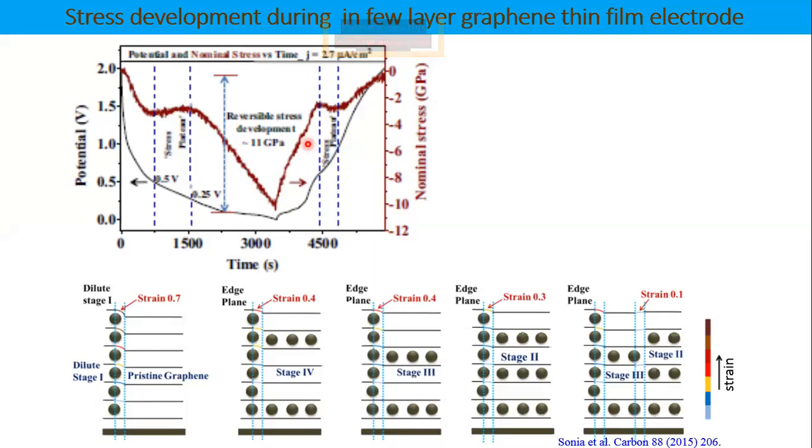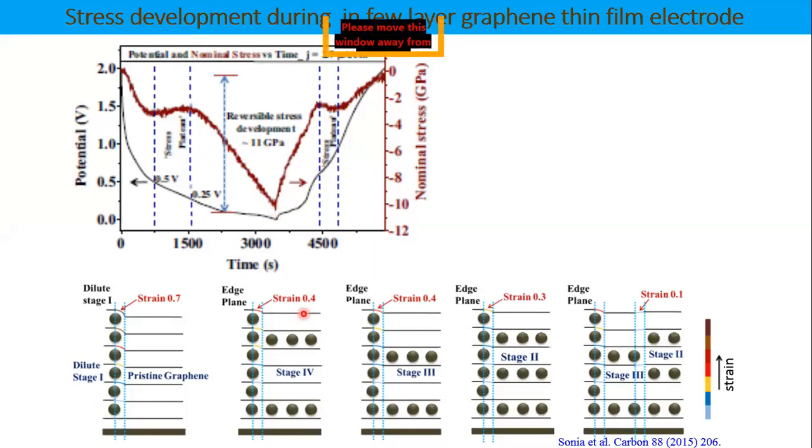One should be very surprised that these layers can sustain 11 GPa stress. This compressive stress is fairly removed during delithiation.